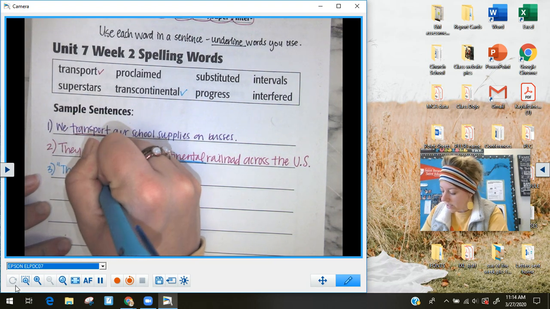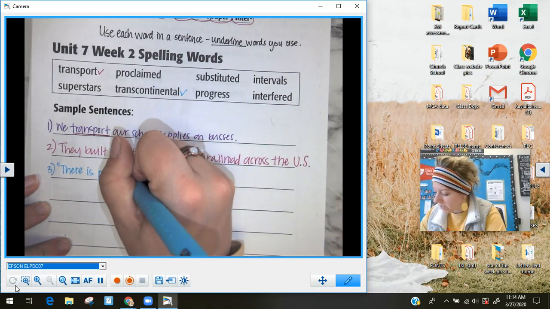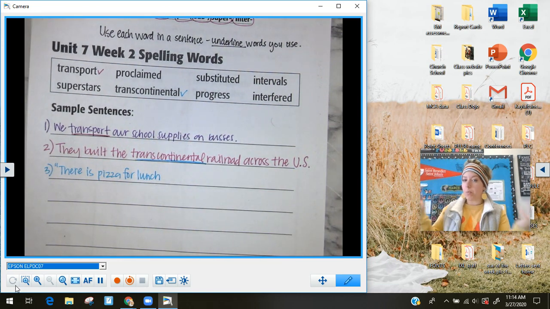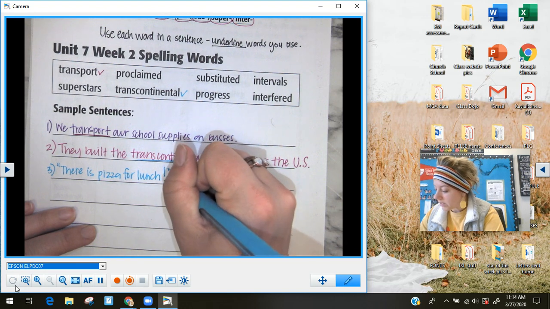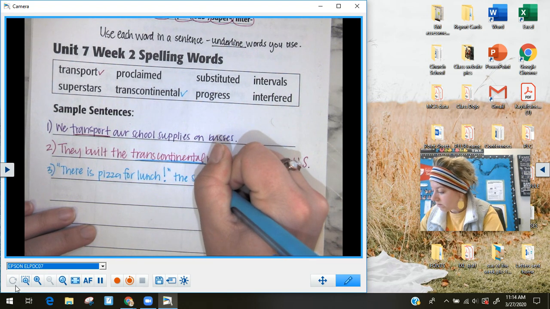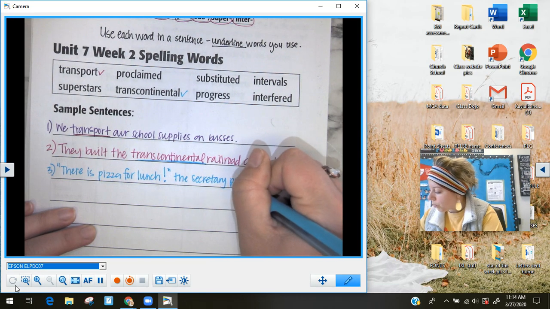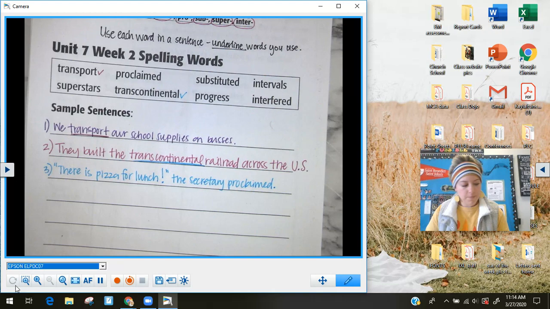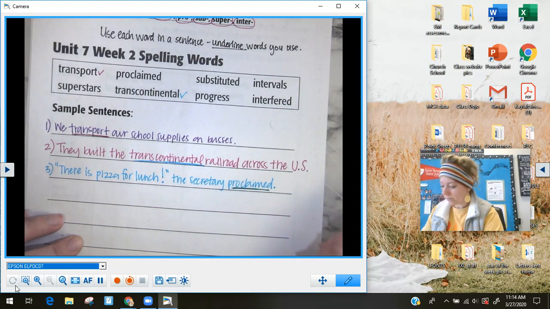"There is pizza for lunch." Now, if they're excited, you probably want to put what at the end? Exclamation point. The secretary proclaimed, period. I'm using the word proclaimed. Oh, I'm going to underline it.